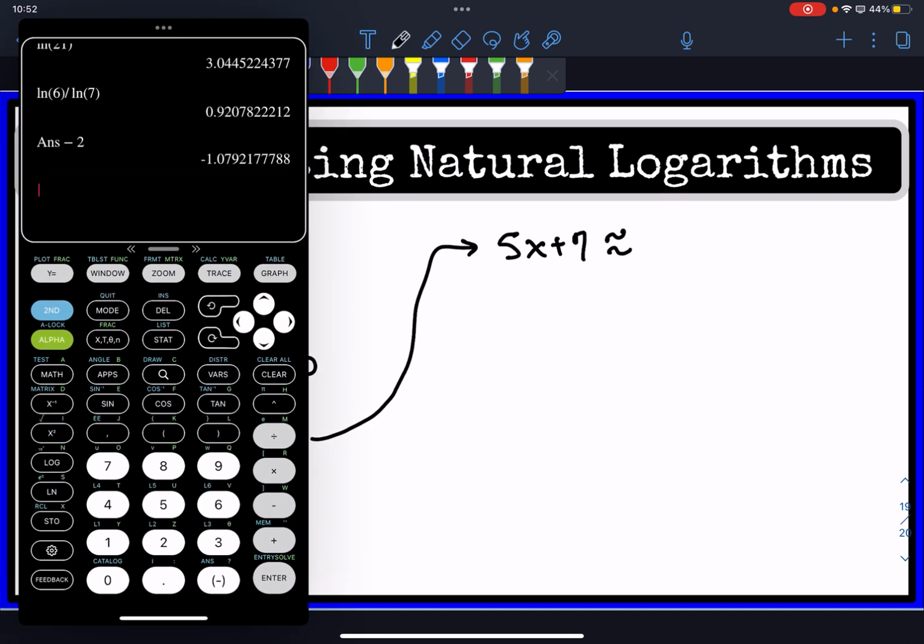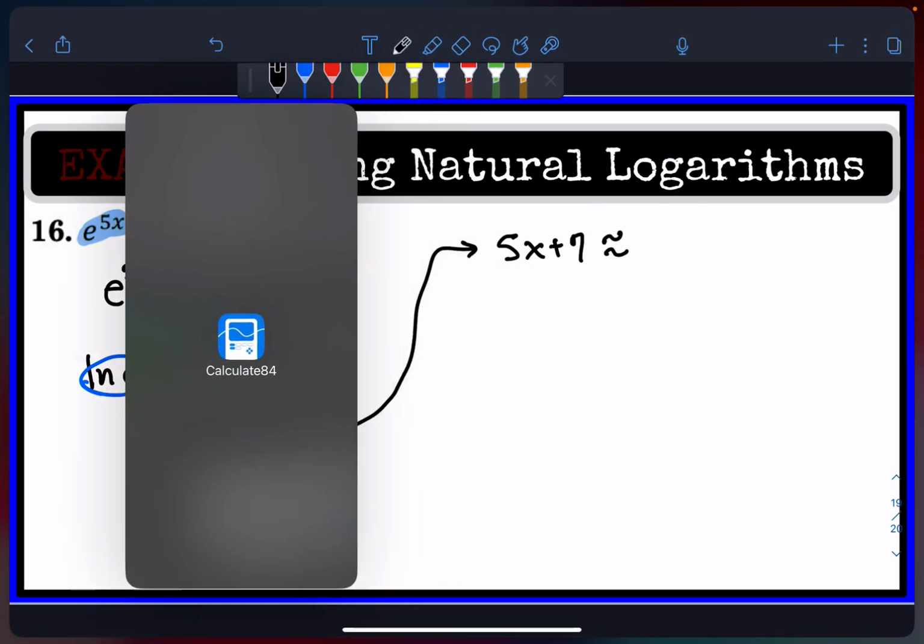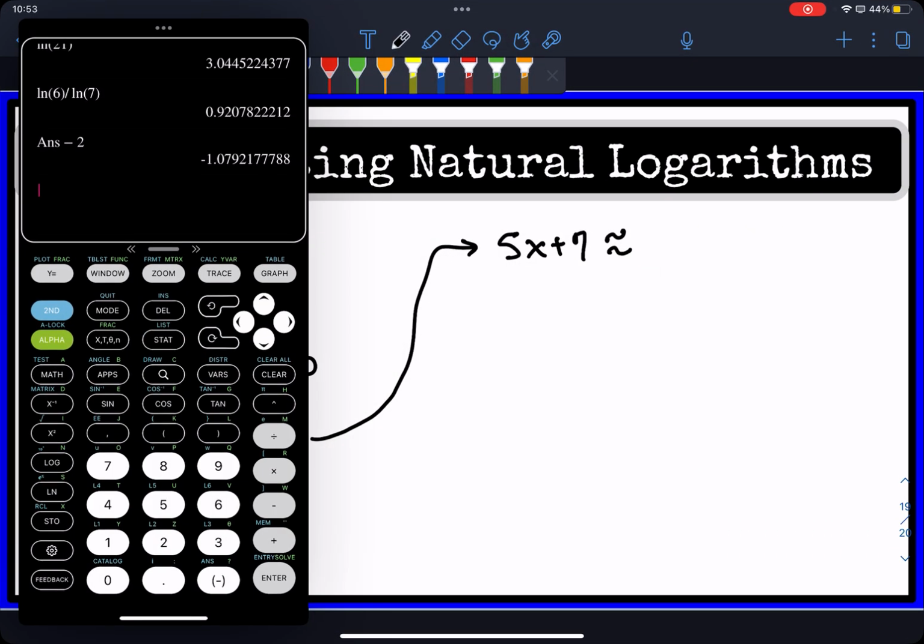And that is now the natural log of 10. Now let's evaluate the natural log of 10. So let's see what ln of 10 is. So ln of 10 is 2.302. So here we're going to subtract 7 from both sides. So let me just subtract 7 from my answer.